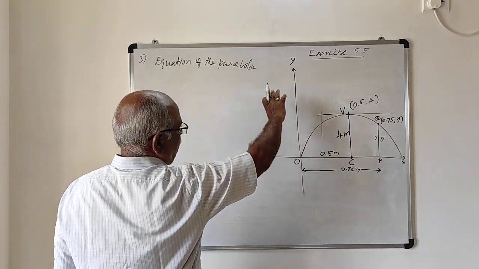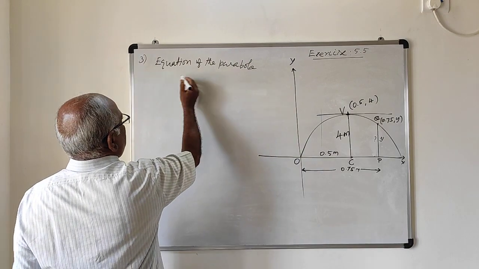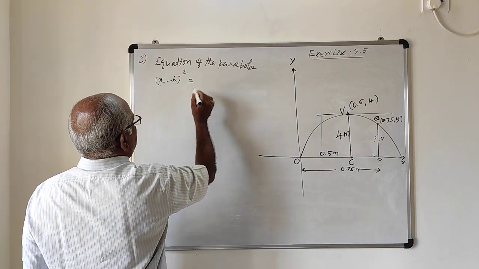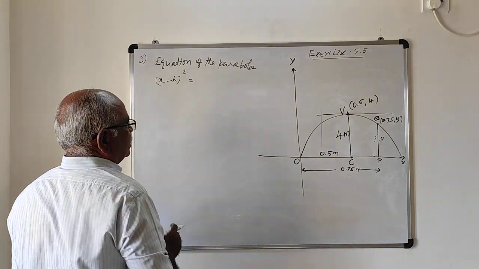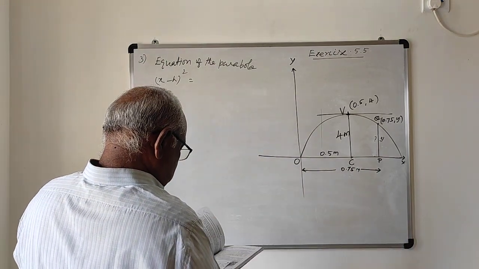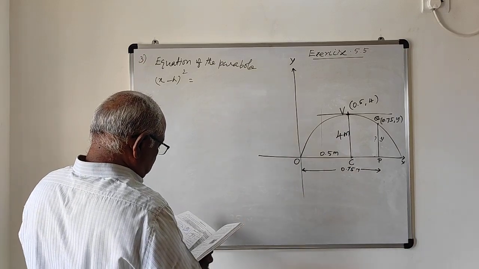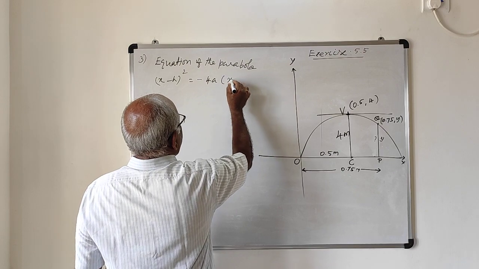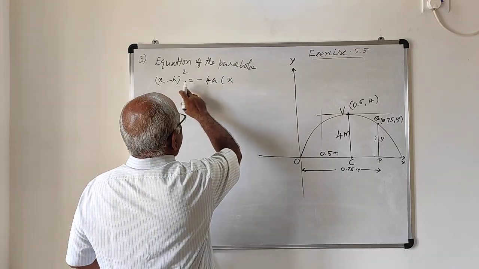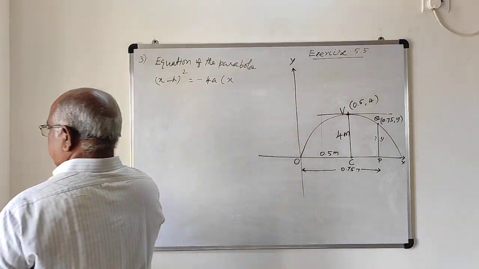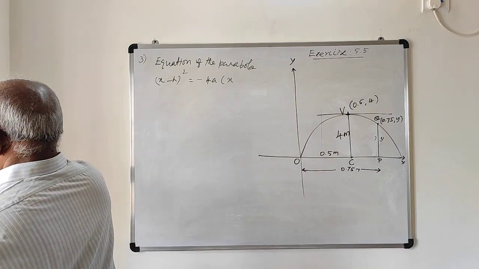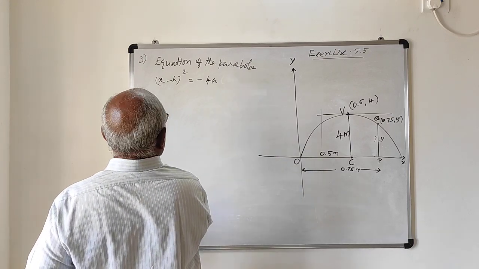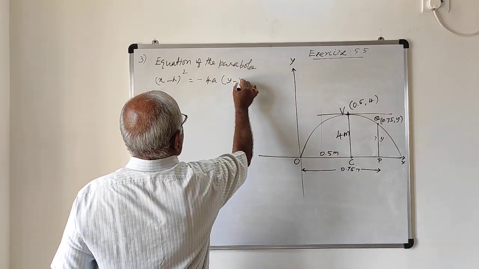Since it is open downward, the form of the equation is x minus h the whole square equal to minus 4a into y minus k.